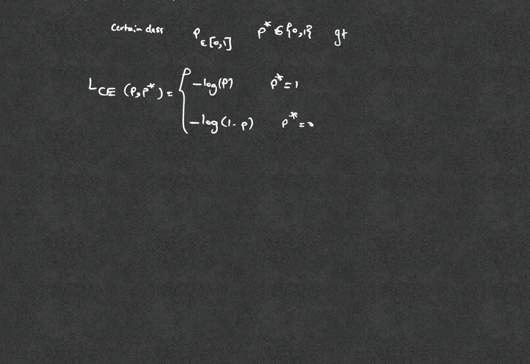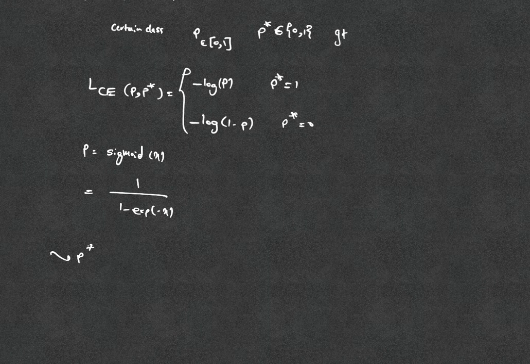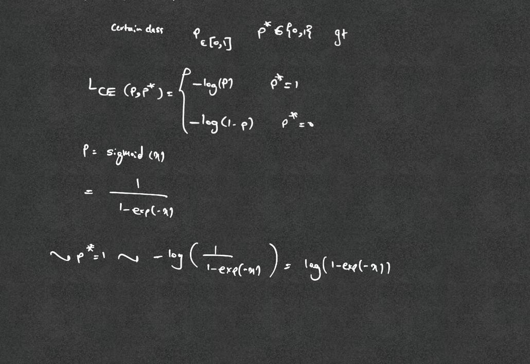Now let's say X is basically the logit and P is sigmoid of X, meaning it is 1 over 1 plus e to the minus X. This means that, considering the case of P star being 1, you're going to have minus log of 1 over 1 plus e to the minus X. This becomes log of 1 plus e to the minus X. Now this is your cross-entropy loss.